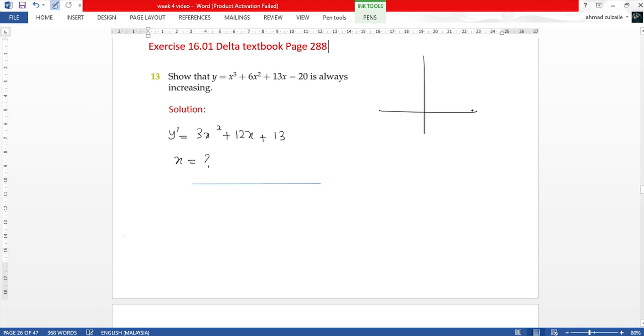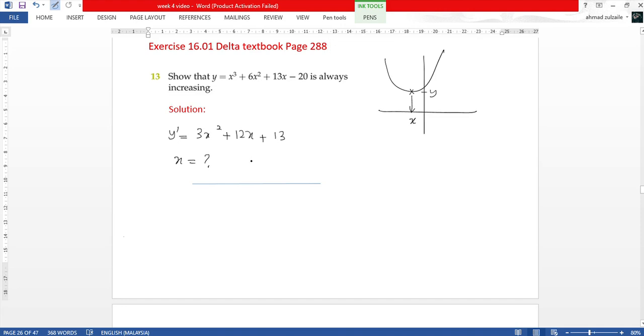Just recall the vertex: if you sketch a quadratic, this is a quadratic, right? Positive quadratic means you have a smiley curve. So the vertex is the lowest value of y. So why the vertex? Because with the vertex we can identify one of the x values.